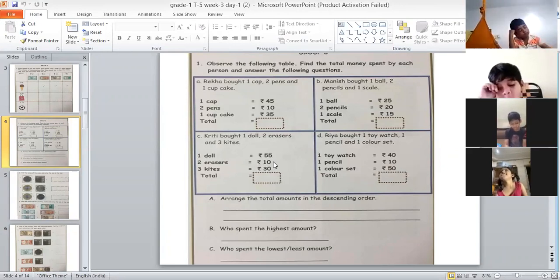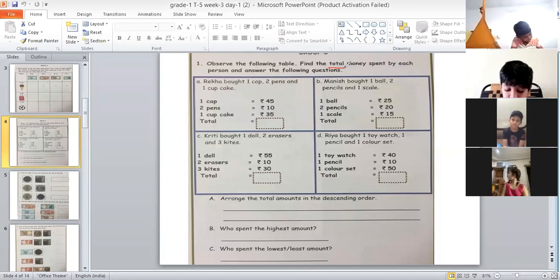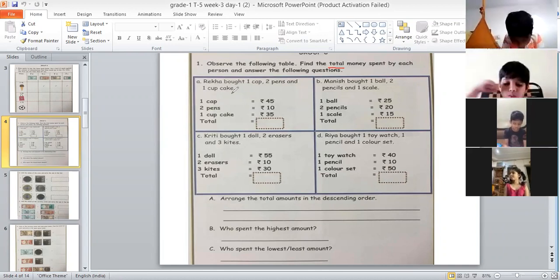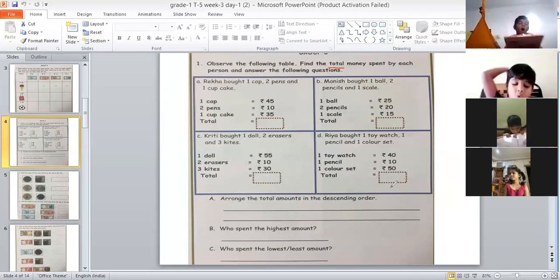I've told you whenever we have this word total, this means we have to add. So here we have to add the given amount, the given money. Okay, so we'll start with the first one.